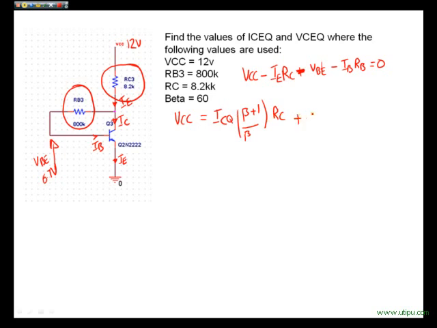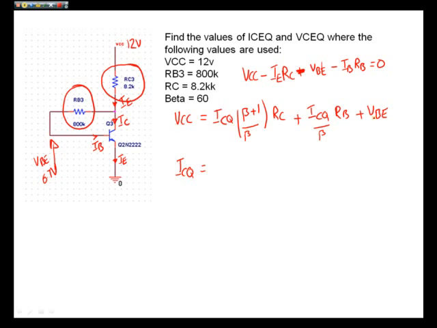We can add in our base current, which is ICQ over beta, multiplied by RB, and we can also account for VBE. There's our straightforward expression. If we now collect all of that in terms of ICQ, we can put all the component values in and simply substitute. So let's rewrite our expression for ICQ.